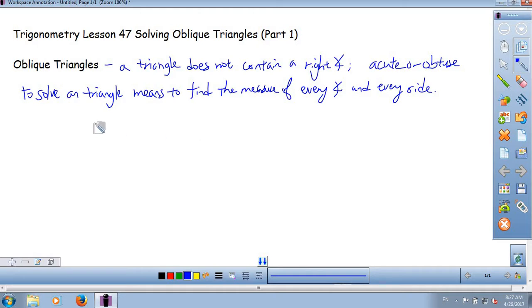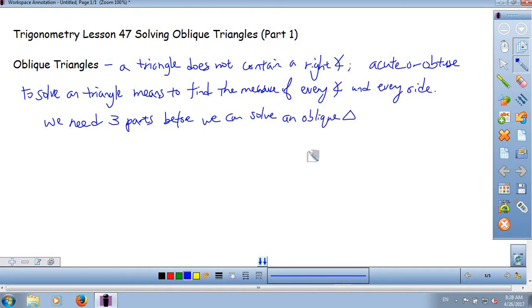However, there are actually 6 parts in any triangle, right? We have 3 angles and 3 sides. So in order for us to find the measure of every angle and every side, we need 3 parts before we can solve an oblique triangle.